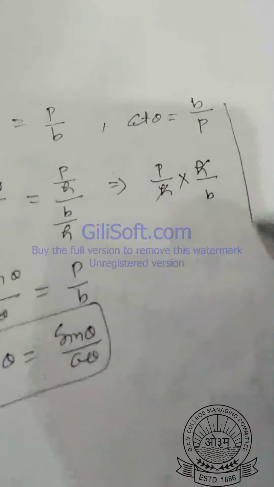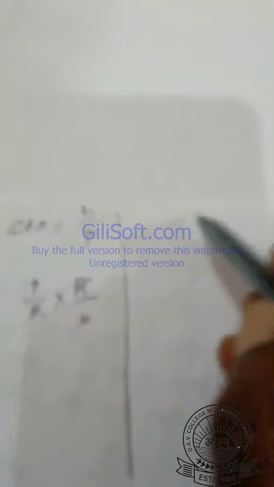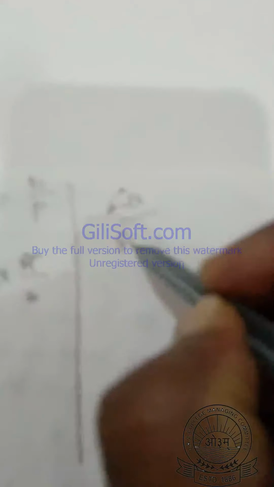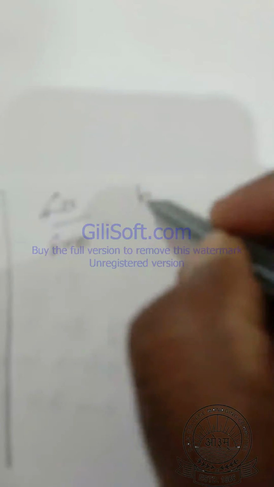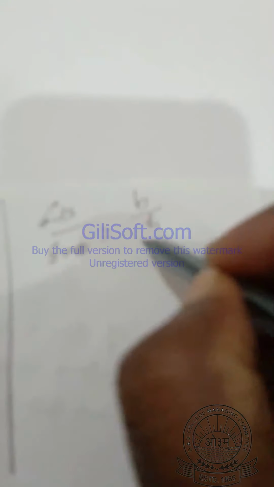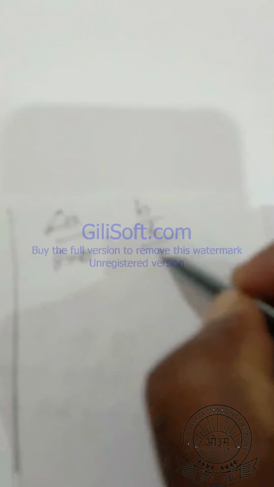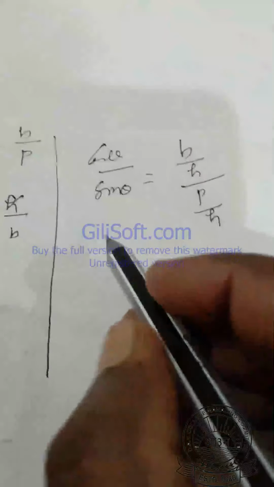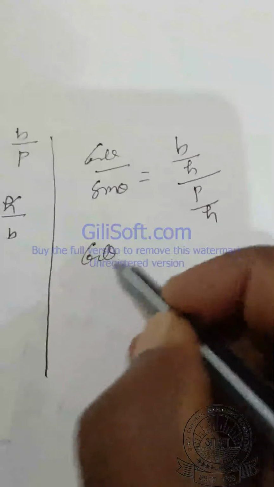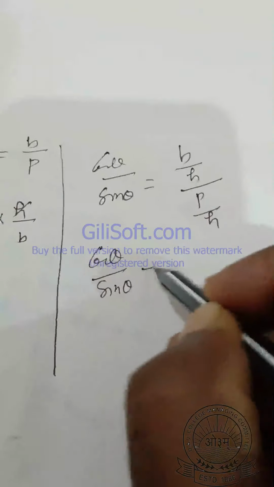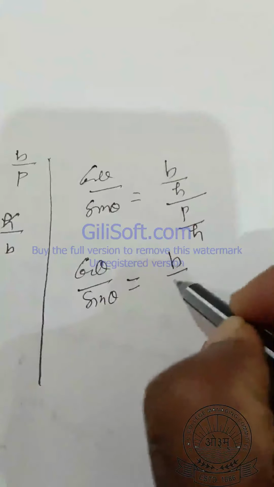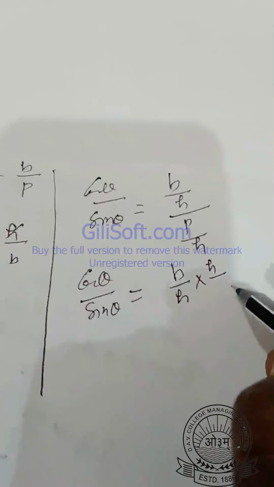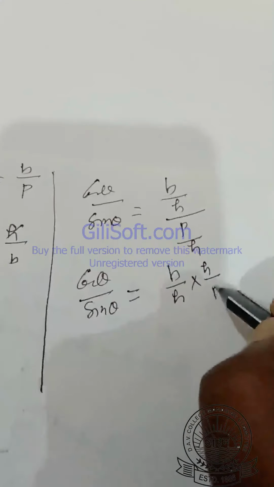Next, cos theta by sin theta is equal to base by hypotenuse, and sin theta is perpendicular by hypotenuse. So cos theta by sin theta is equal to base by hypotenuse into hypotenuse by perpendicular.